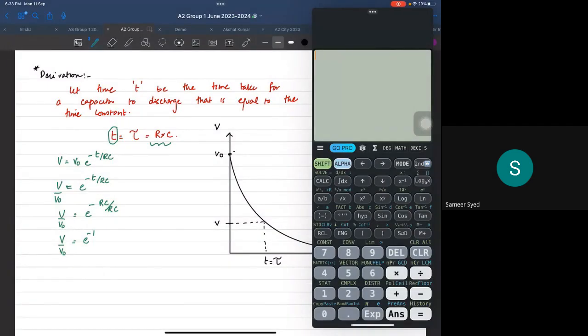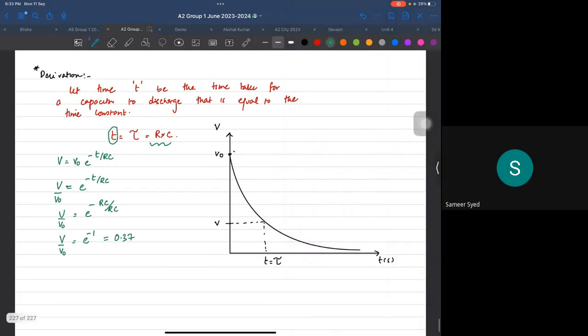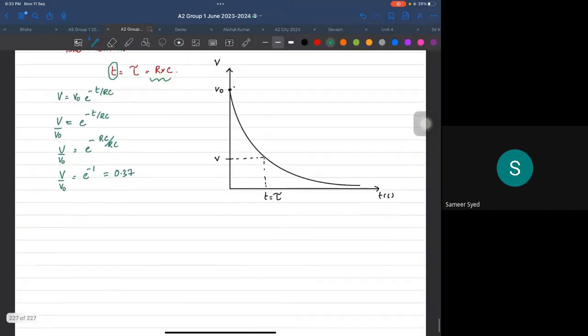So let's see that. If I press shift and E, it's going to give me E, and I'm going to put minus 1 on top. This basically gives me a value of 0.37. If you notice, this then becomes V over V naught equals 0.37.